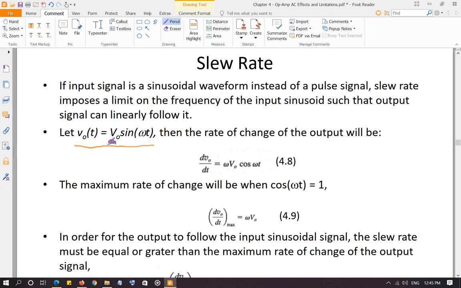We assume that the output is V naught sine omega t, or cosine omega t, whatever you want to call it, and then we look at the rate of change of the output. Remember, slew rate is V naught over T, TSR or whatever we call it. Taking the derivative, we get omega V naught cosine omega t, and then we look at the maximum rate of change, when cosine becomes 1, which is omega V naught.